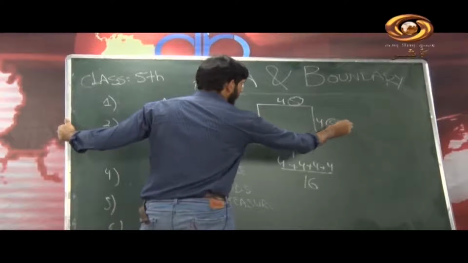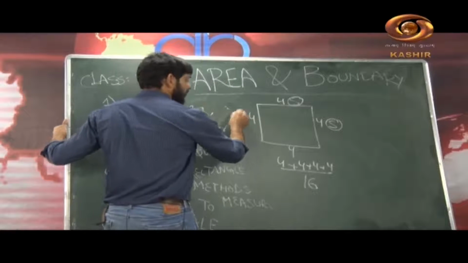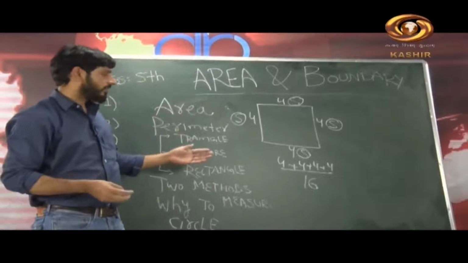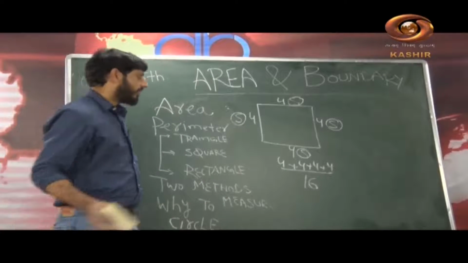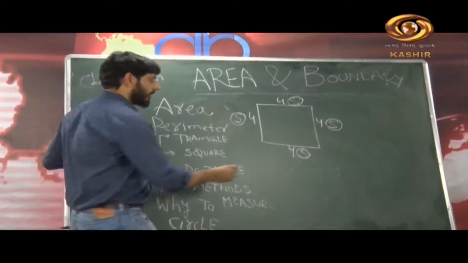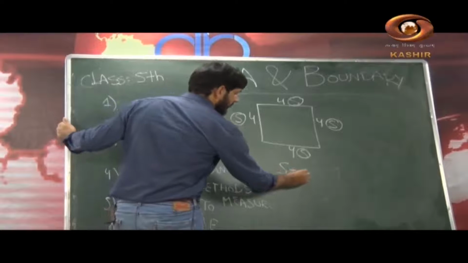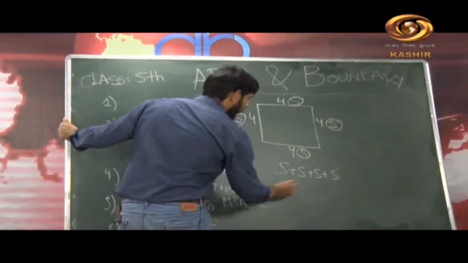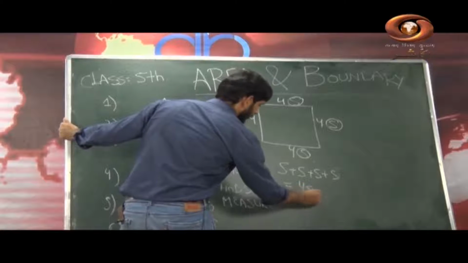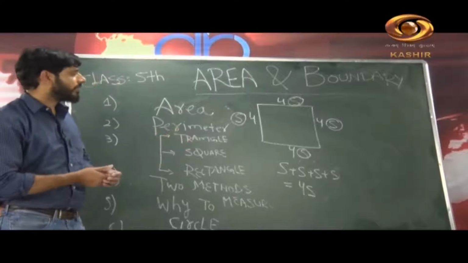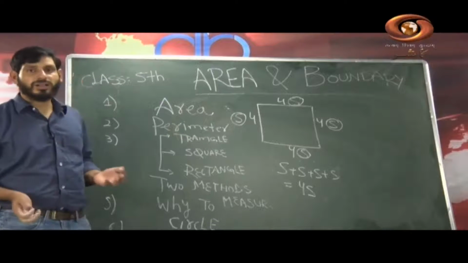So adding all the sides, it is S plus S plus S plus S, that is 4 times S. So calculating the perimeter of a square is adding all the sides.